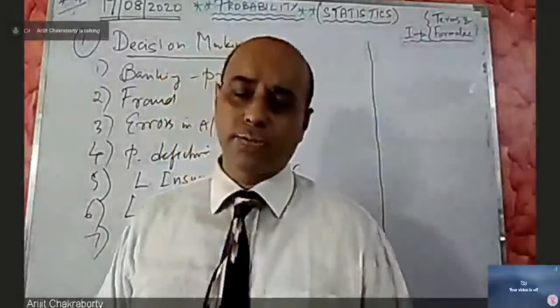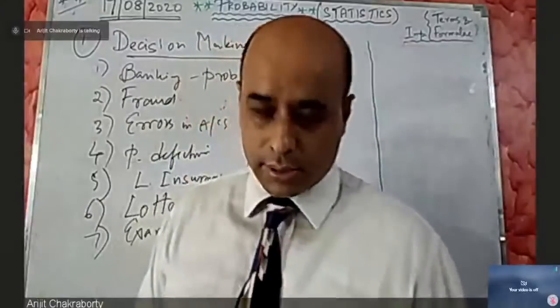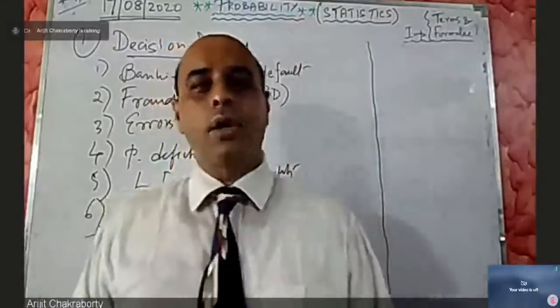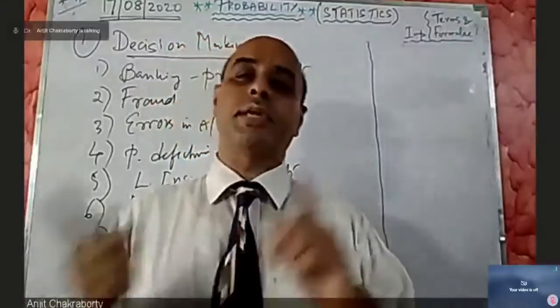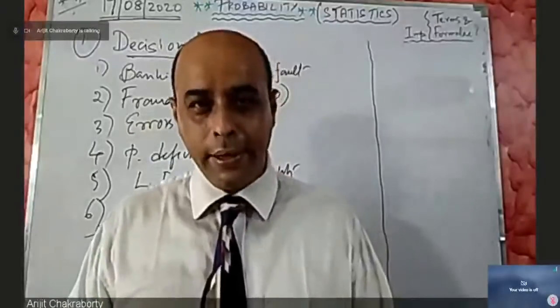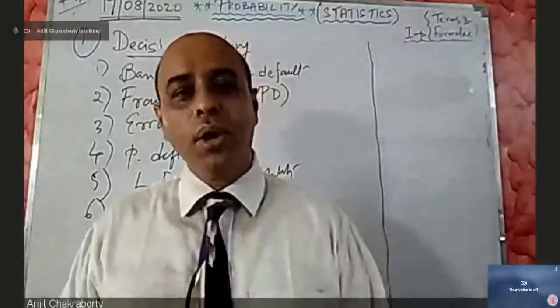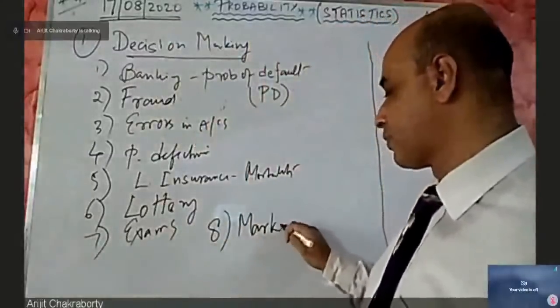Next, of course, last but not the least is when we talk of a new product. Say our company is launching a new product. There is always a chance that the product will be successful or it may not be successful. You're clear? Therefore, when we talk of new product launch, that means marketing.